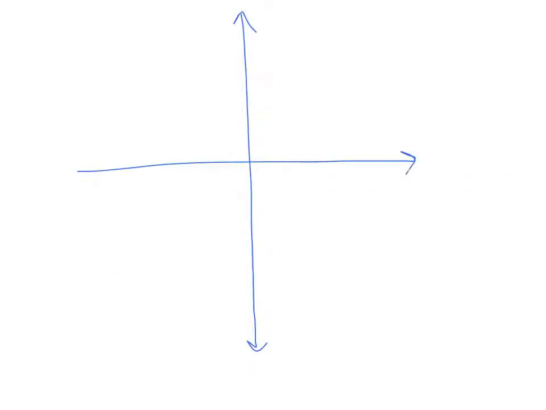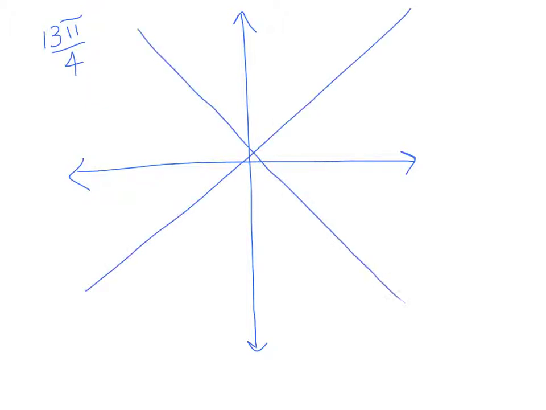Now we're going to draw 13 pi over 4. Since we're in fourths, cut my circle into 8 equal parts.